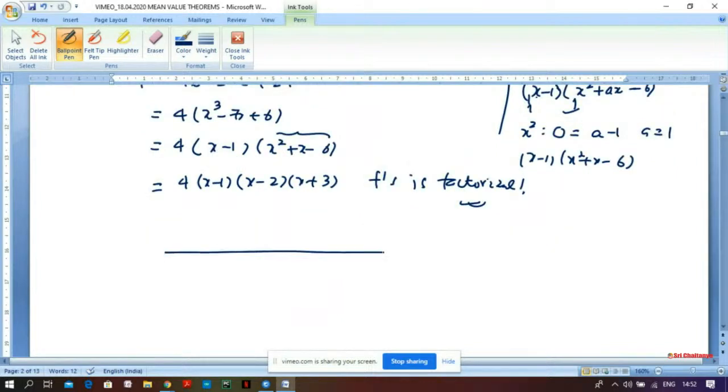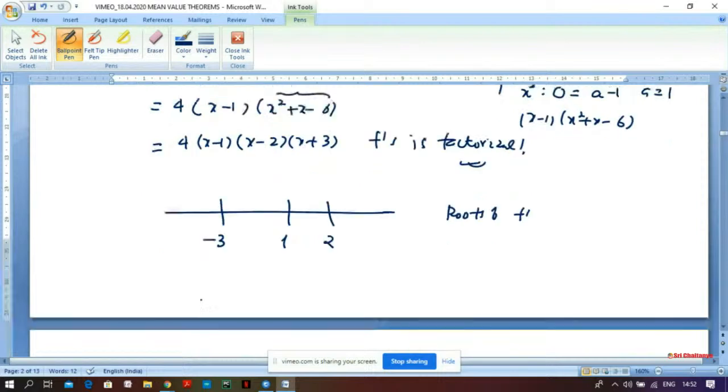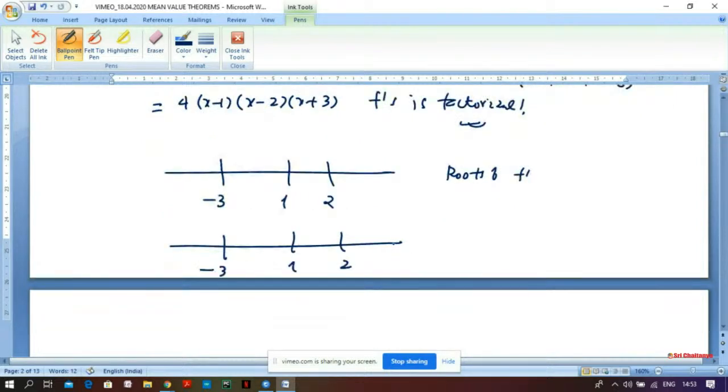So now on the number line, I am marking the roots of f prime. So f prime roots are negative 3, then 1 and 2. They're the roots of f prime. Now these are your betas. Now between each two consecutive roots of f prime, in each of these intervals, there can be at most one root of f.